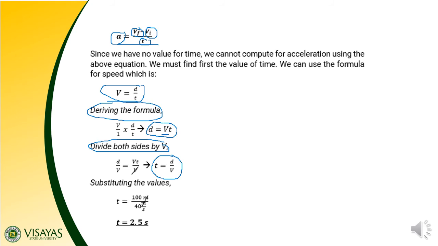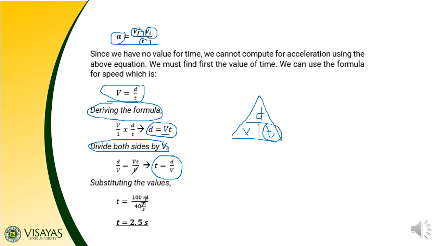In this case, we can also use the triangle method. Ganito yung setup. So yung v ay dito, yung d dito, tapos yung time dito. So we are finding for time, ito yung hinahanap natin.